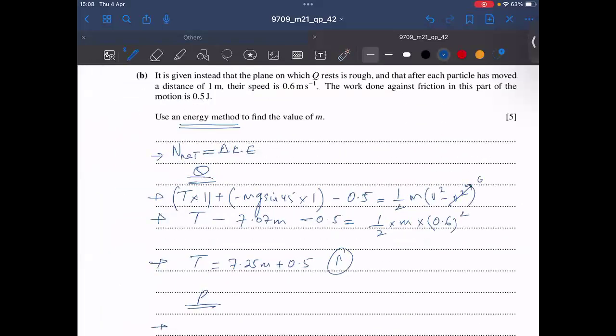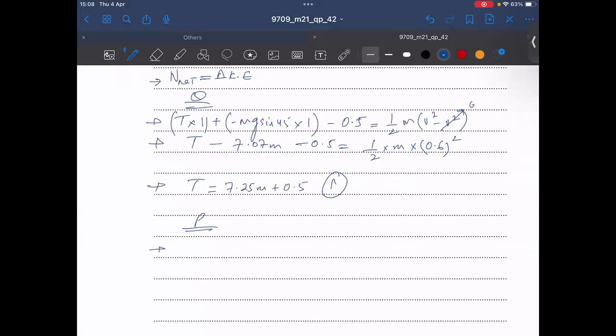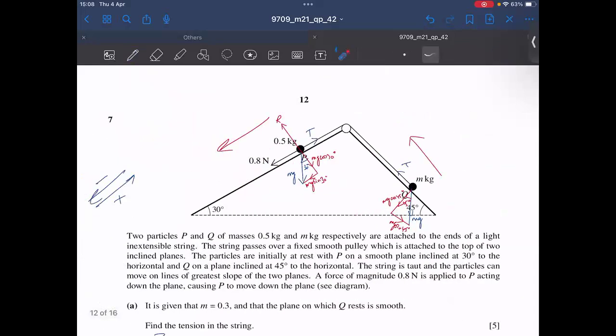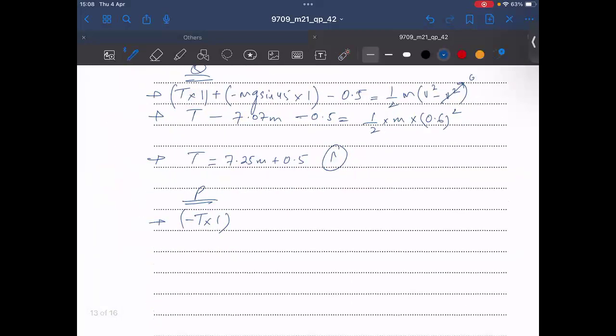So the work done by tension on P is going to be negative, so minus T times 1. All right. And then it is moving downwards, and this component of the force of gravity is downwards. So the work done by this component of gravity is going to be positive.